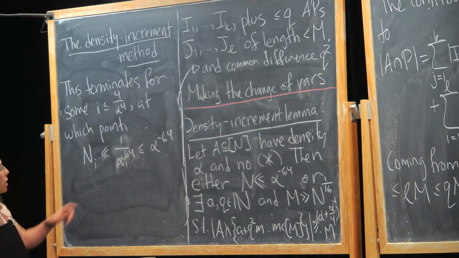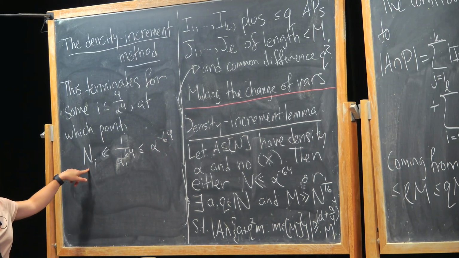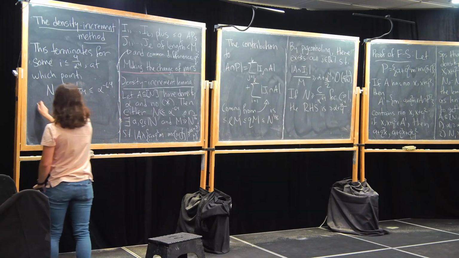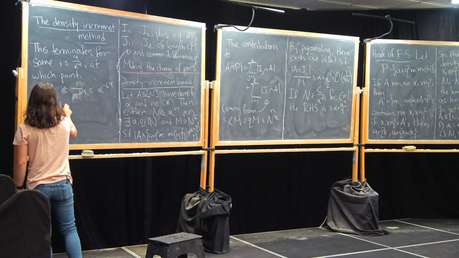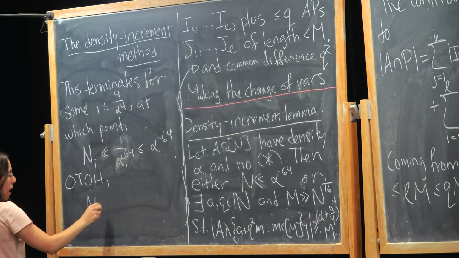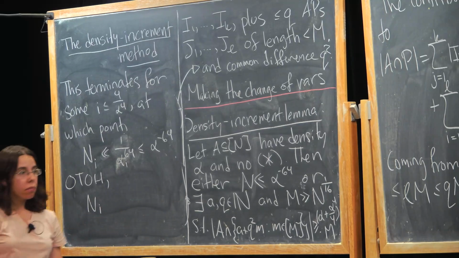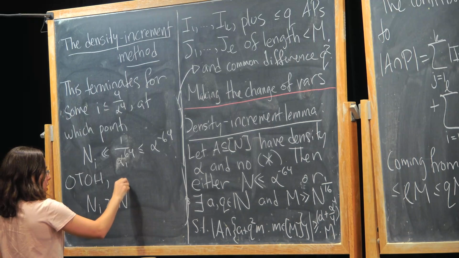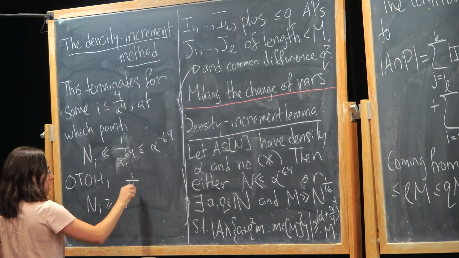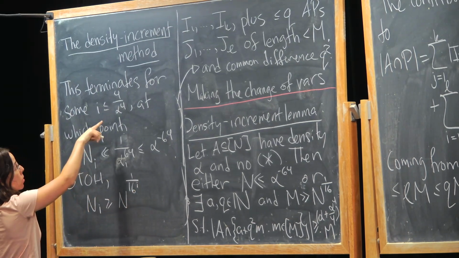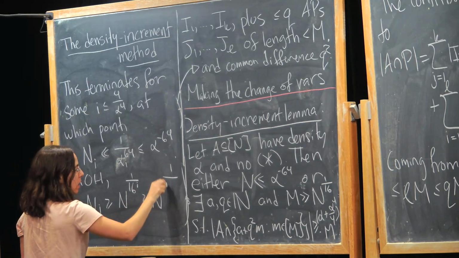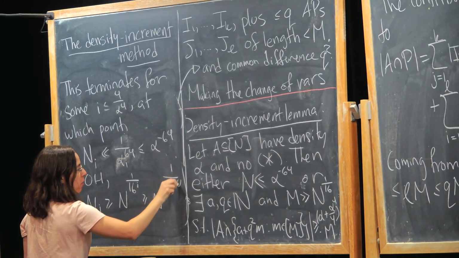On the other hand, we have a lower bound on n sub i coming from the second property. n sub i will be at least n to the 1 over 16 to the i, but then i is at most 4 over alpha to the fourth. So it will be n to the 1 over 16 to the 4 over alpha to the fourth.